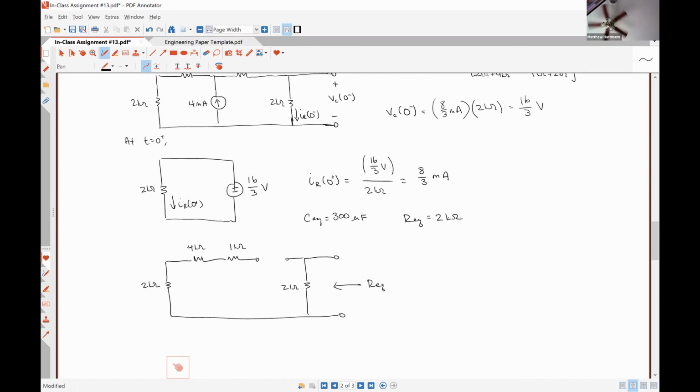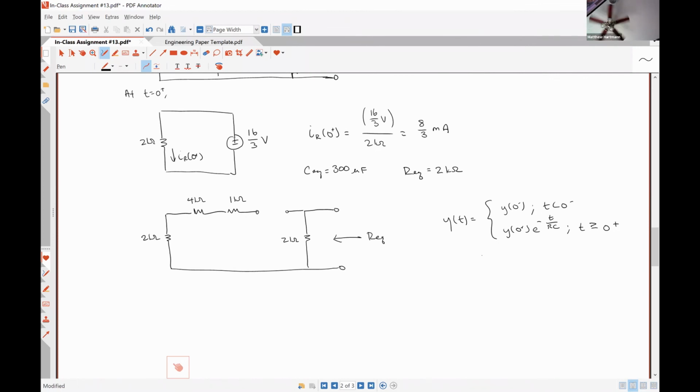All right, so for an RC circuit, our generic function is very similar. We're going to have y at 0 minus for t less than or equal to 0 minus, and then we're going to have y at 0 plus e to the minus t divided by RC for t greater than or equal to 0 plus.